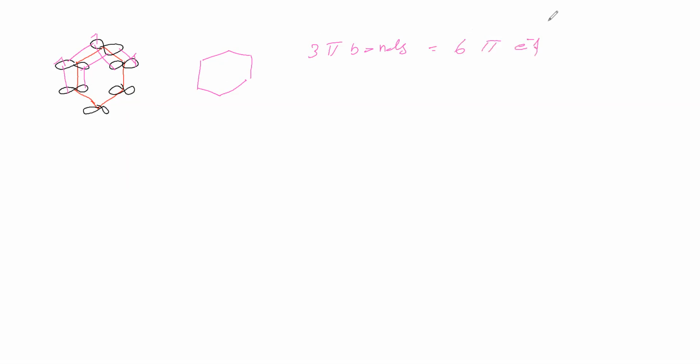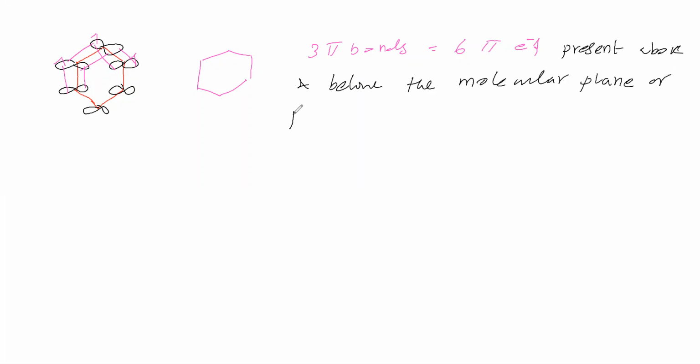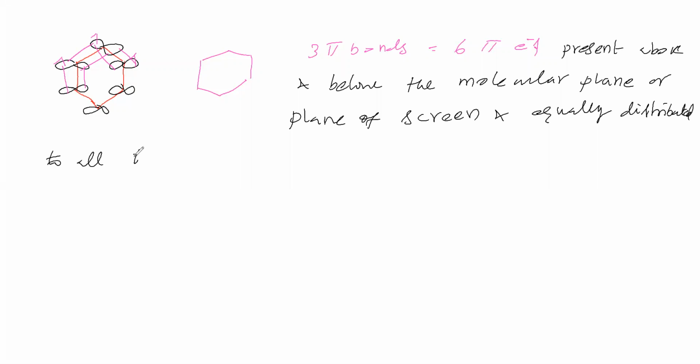How are these 6 pi electrons present? The 6 pi electrons are present above and below the molecular plane, or plane of the screen, and equally distributed to all the carbons.